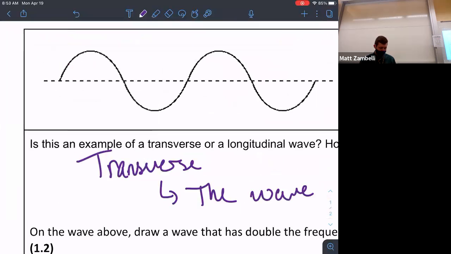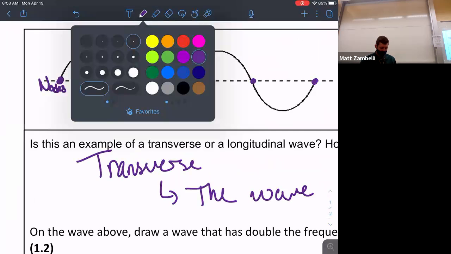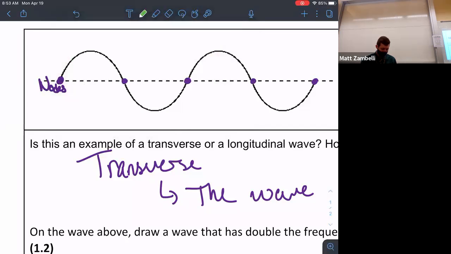Awesome. Our nodes go on the dotted line right here. So these are our nodes. Then my antinodes are where? On the curve, on the peaks and on the troughs. So let's do a different color. So it's not red. Right here are antinodes.